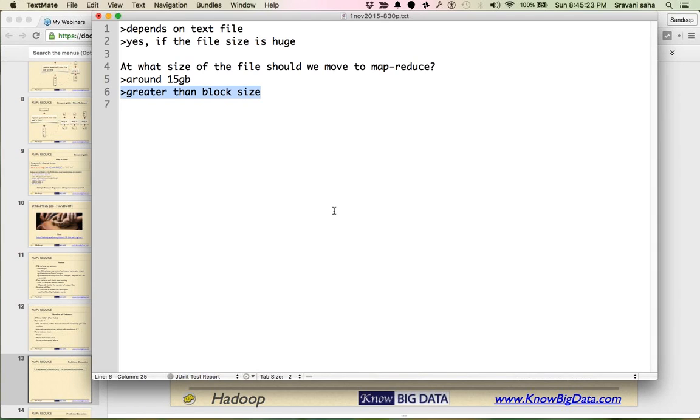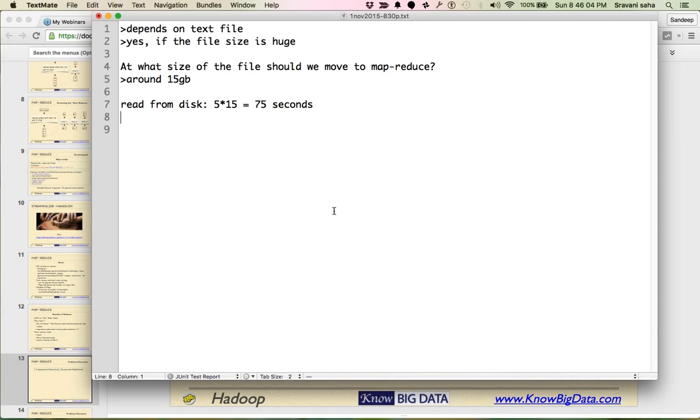All right, this I wouldn't really agree with. The way you generally do it is a quick computation. How much time do you think reading from the disk would take for 15 gigabytes? 1 GB takes 5 seconds, so 15 gigabytes would take around 75 seconds, which is around 1.5 minutes.